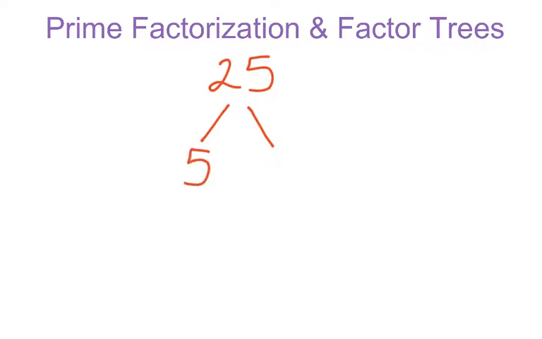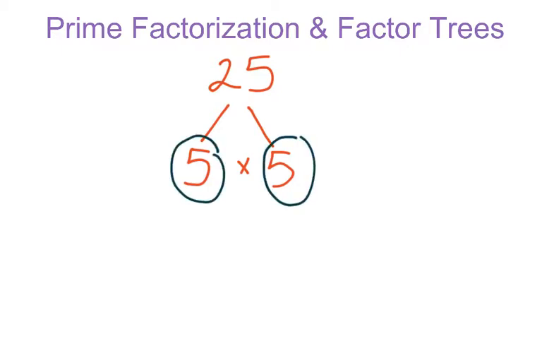I know 5 times 5, that equals 25. When I see a prime number, I circle it. 25 is composite, so I don't circle that. So the prime factorization of 25 is 5 times 5, or 5 to the power of 2.